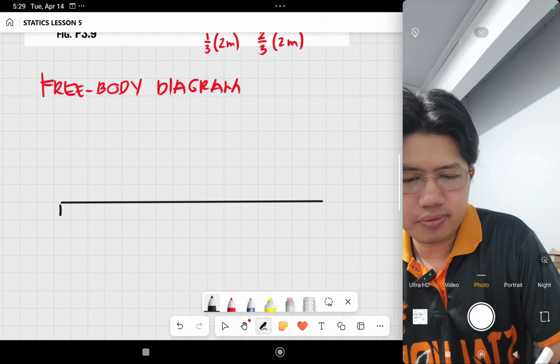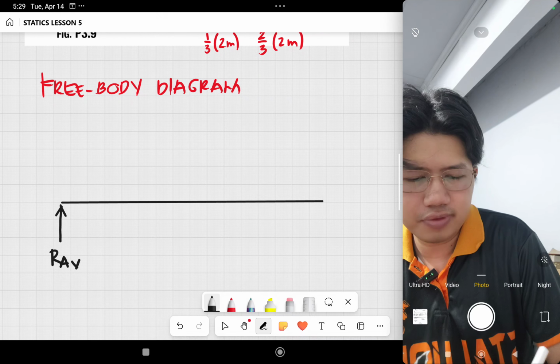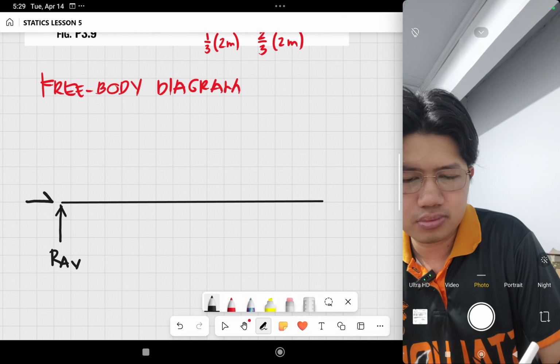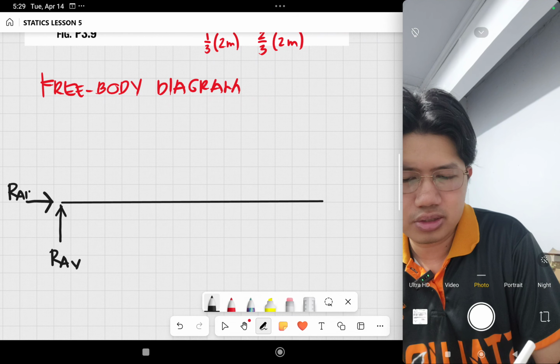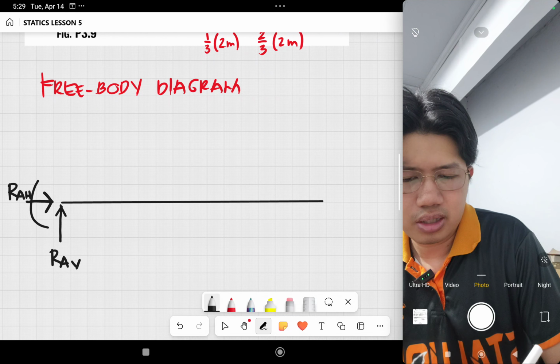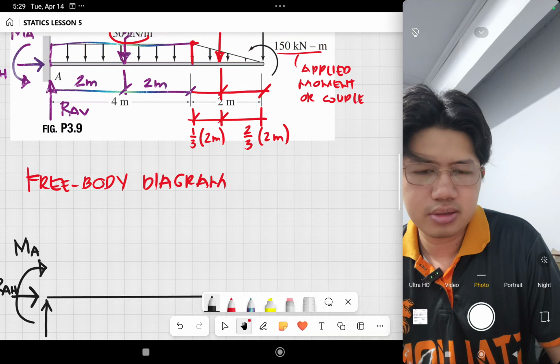So we have mga reaction forces, RAV, RAH, and the moment reaction at A. Okay.